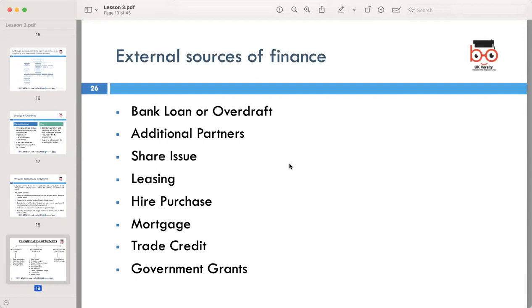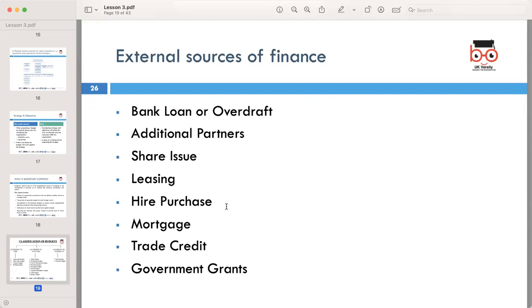While this can bring in expertise and capital, it may also result in a loss of control for the entrepreneur. Then leasing allows a business to acquire assets by making regular payments over a specified period. The option is useful for acquiring assets without large upfront costs.